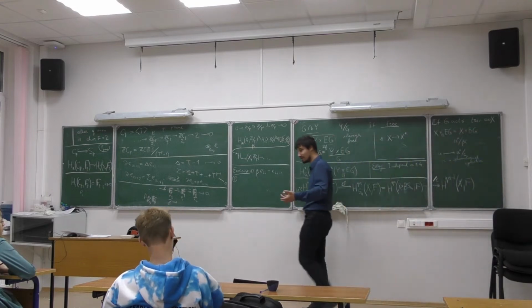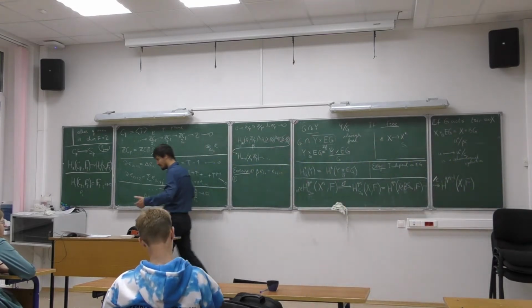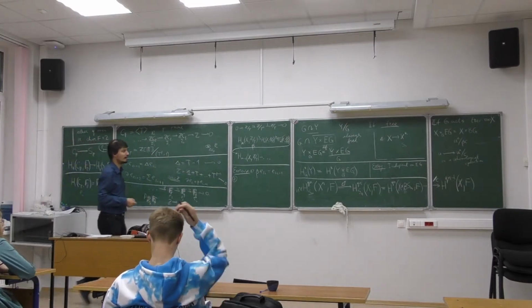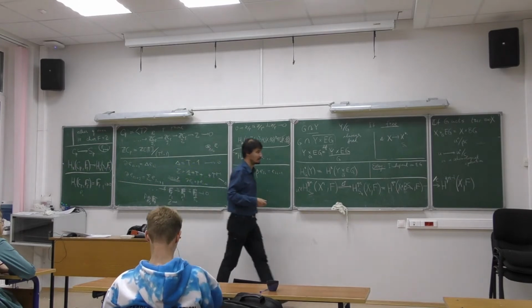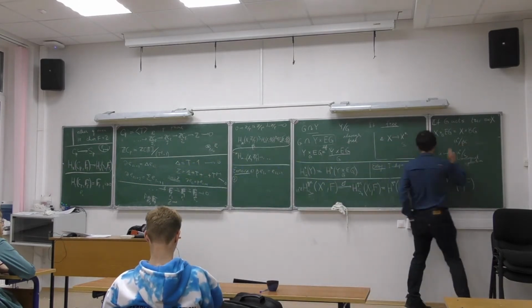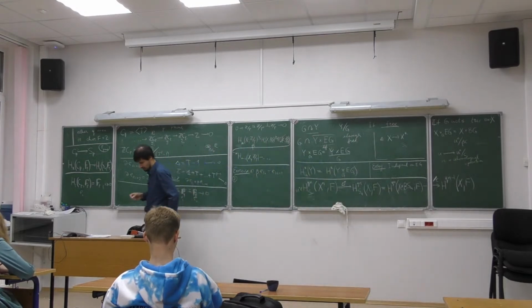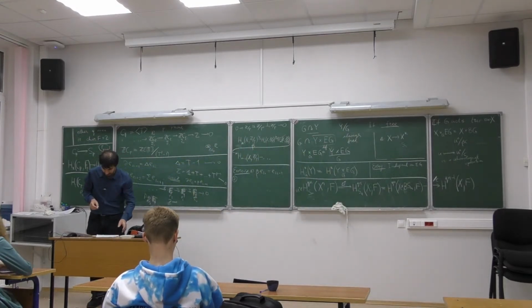We can use C to produce a cohomological operation, but we can also produce an operation using beta C. And the answer is as follows.